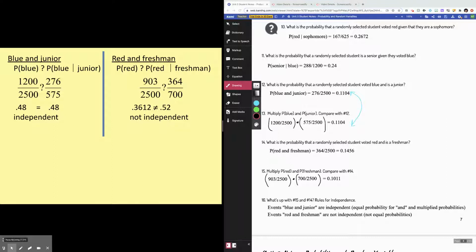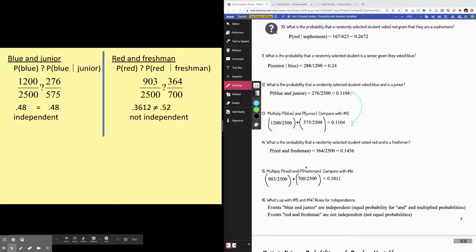For the red and freshman events, we were checking to see, does the probability that the person chose red change if we add on the extra condition that the person has to be a freshman? When you calculate those two probabilities, you get two very different numbers, meaning that adding the extra condition of freshman changed the probability of randomly selecting a person from that group that chose red as their favorite color, right?